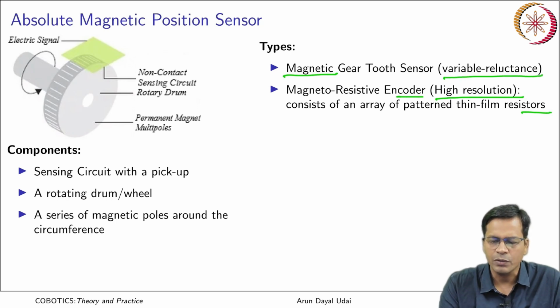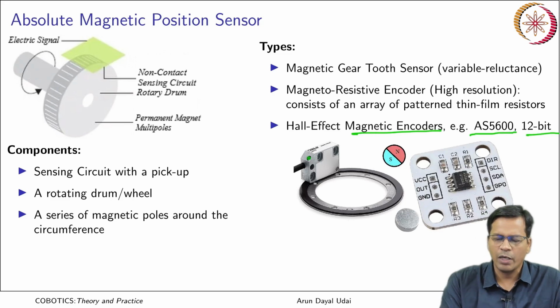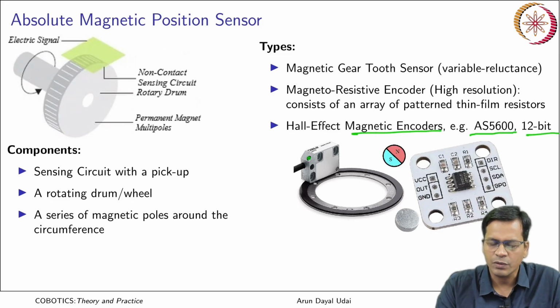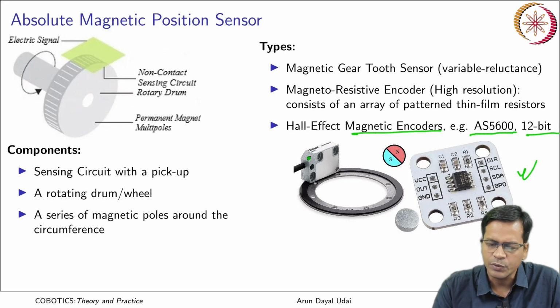This one is magnetoresistive. The third one is a Hall effect kind of sensor, which are magnetic encoders, as in the case of the AS5600, which is a 12-bit sensor. These are widely available for embedded projects, you might have used it.